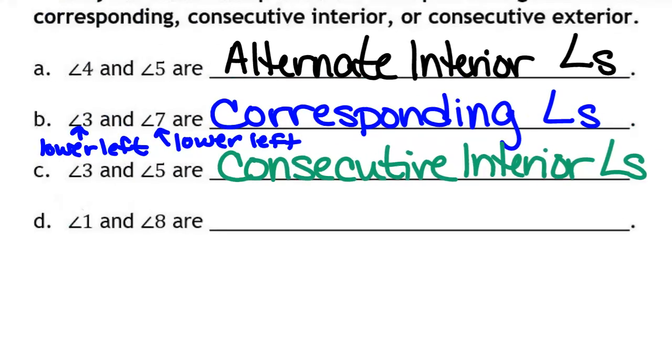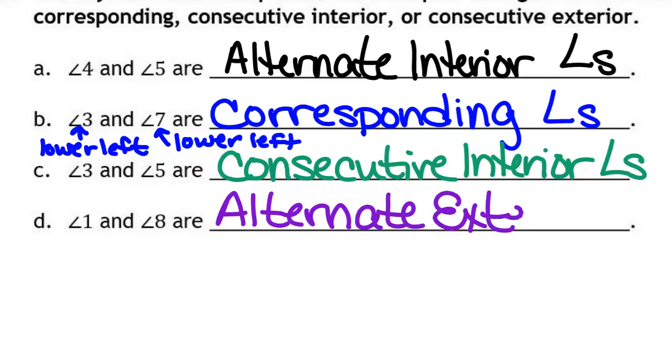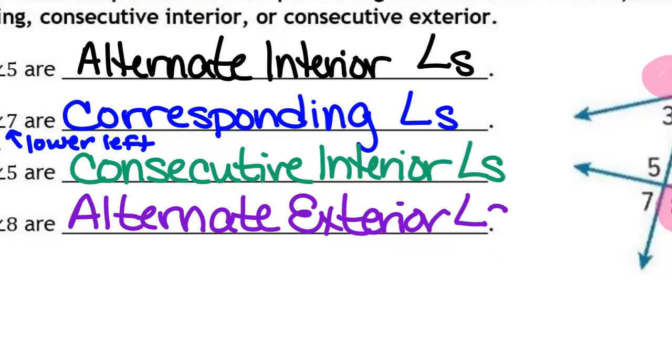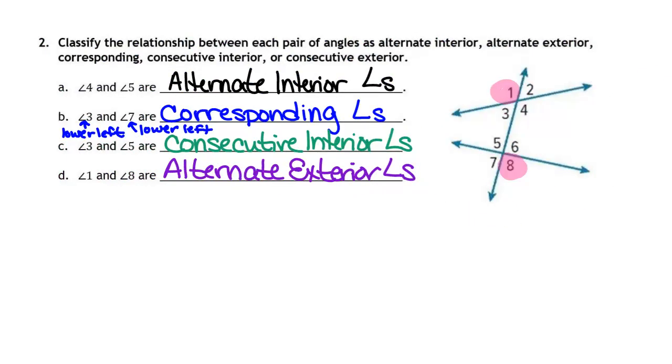Opposite. What do we call opposite side angles? Yes, these would be alternate exterior angles. Fantastic. All right, let's flip over to page 3.